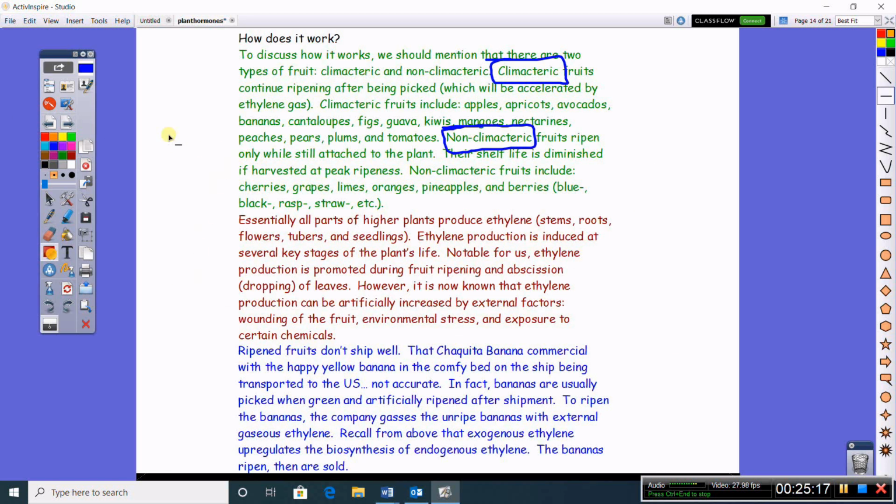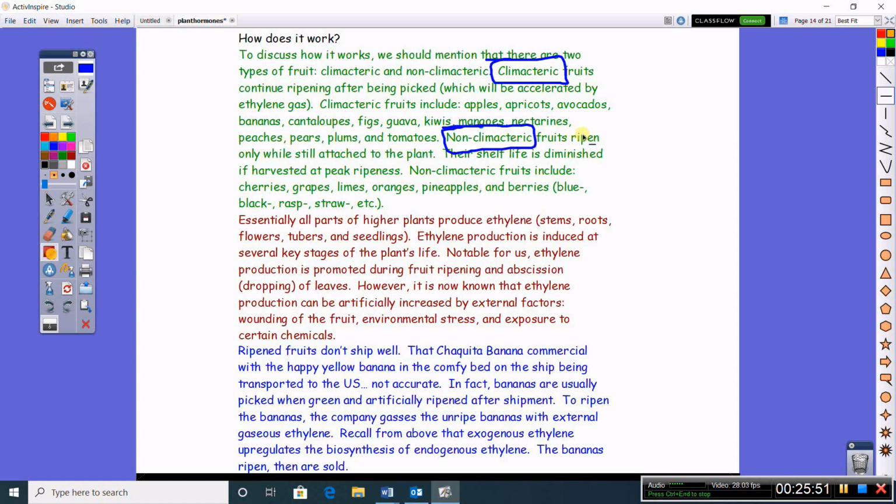You don't have this slide. I just wanted to tell you a little bit about this. I thought this was kind of interesting. It says that there are climacteric fruits and non-climacteric fruits. If it's climacteric, it's going to continue ripening after being picked. And that means ethylene will speed up that ripening. So climacteric fruits include apples, apricots, avocados, bananas, cantaloupes, figs, guava, kiwi, mangoes, nectarines, peaches, plums, pears, and tomatoes.